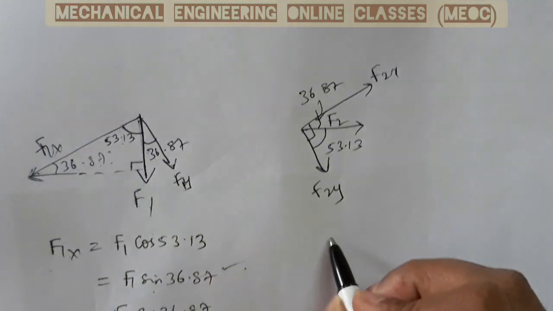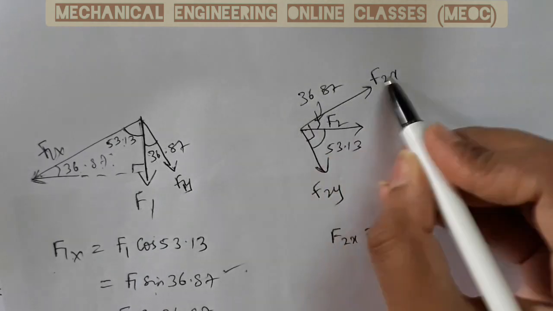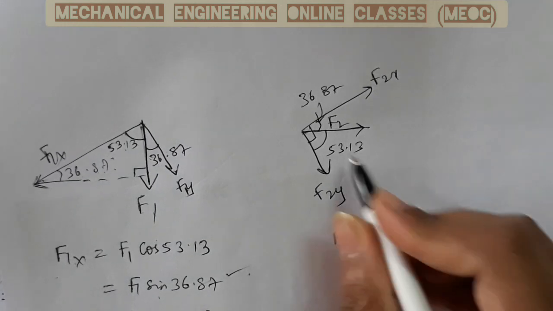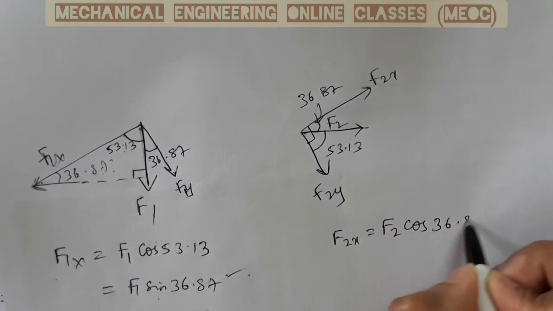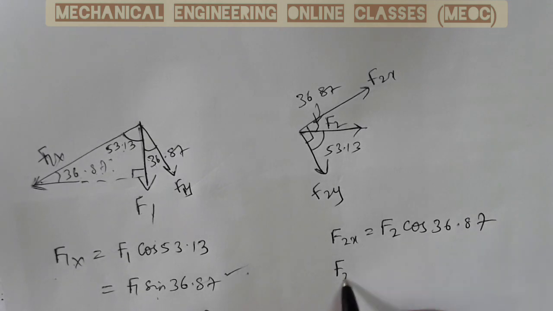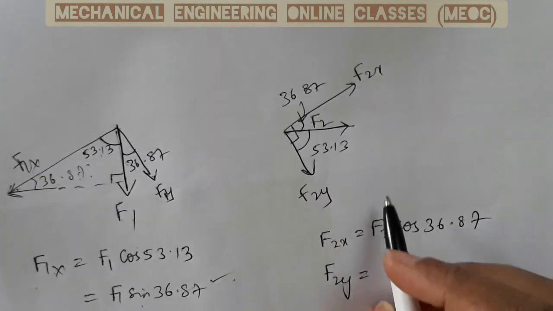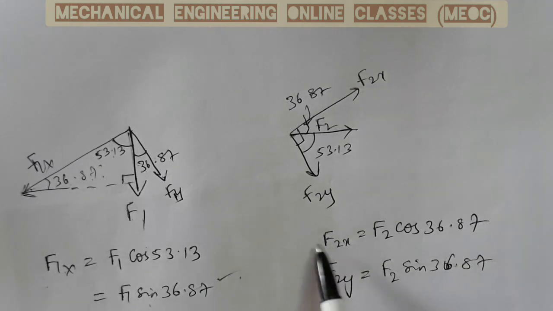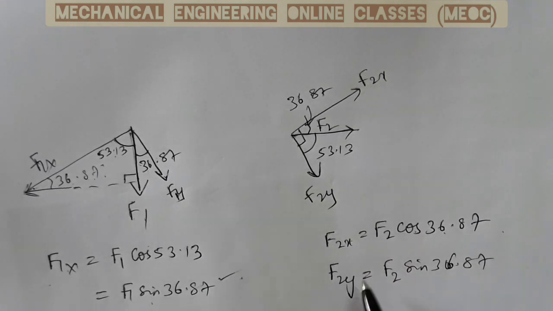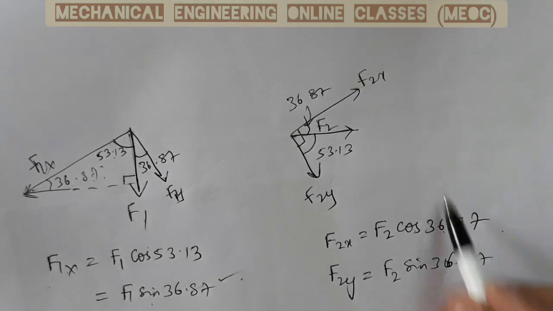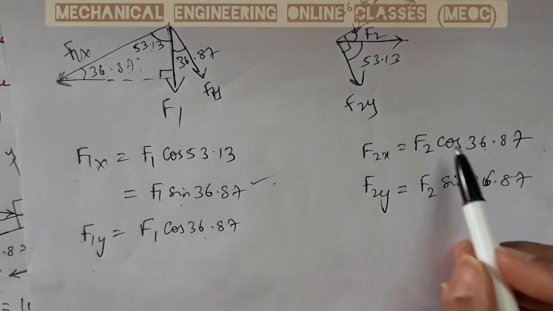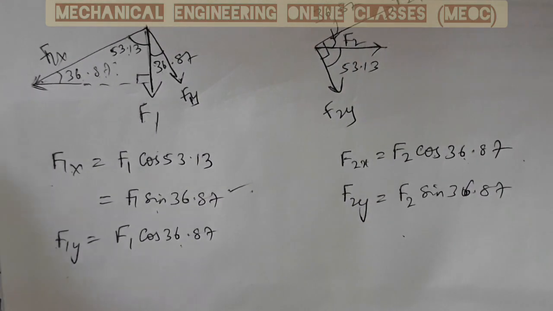So we can write F2x as F2 cos 36.87, and obviously without finding any other angle I can write F2y as F2 sin 36.87, because F2x is F2 cos some theta, F2y will be F2 sin that theta. So now we have F1x, F1y, F2x and F2y. Now the question is to find sigma Fx and sigma Fy.